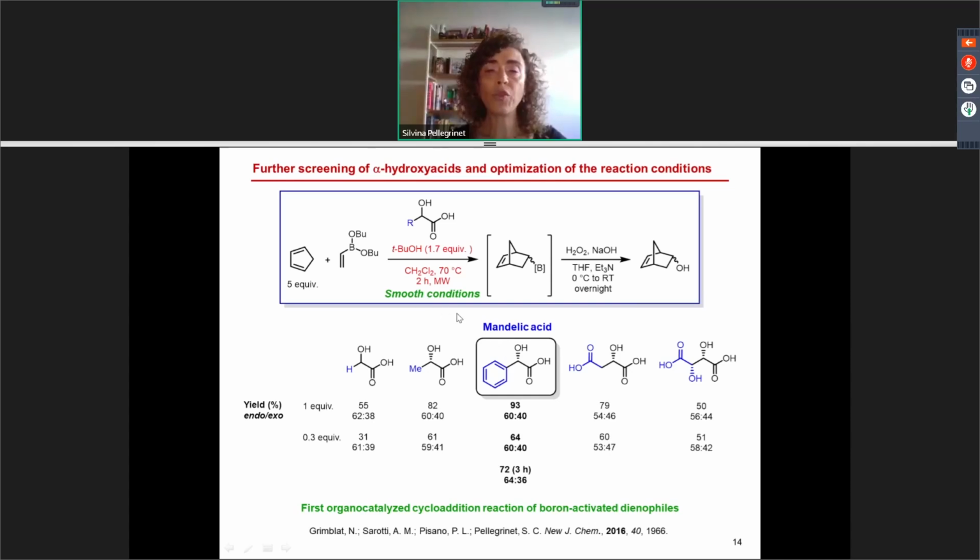Under these smooth conditions, if we use 1 equivalent of mandelic acid, and if we use 0.3 equivalents, we got somewhat lower yield, but we could obtain a 72% yield after 3 hours of heating. And still, mandelic acid was the best hydroxy acid. So this was the first example of an organocatalyzed cycloaddition reaction of a boron-activated compound.